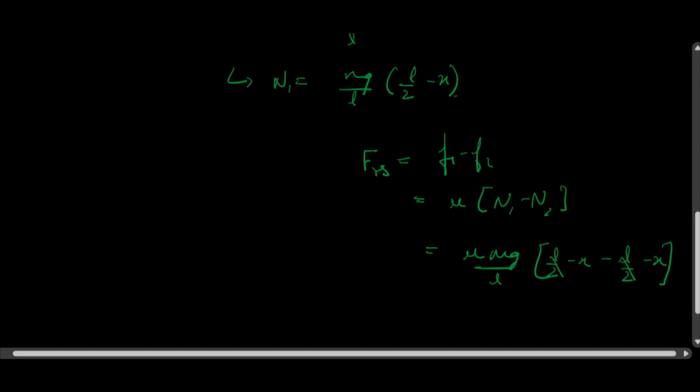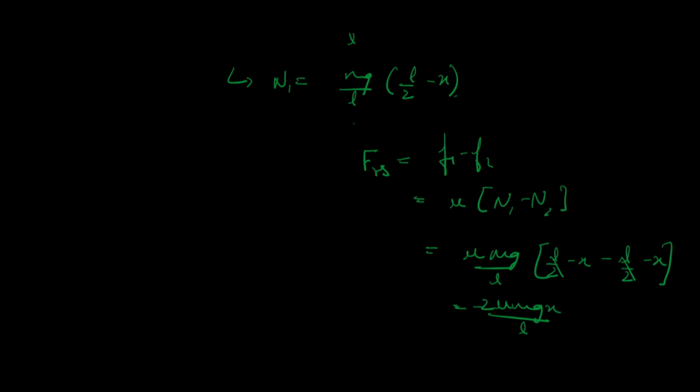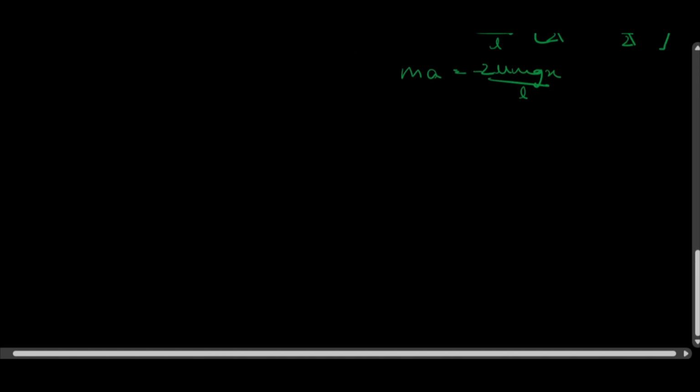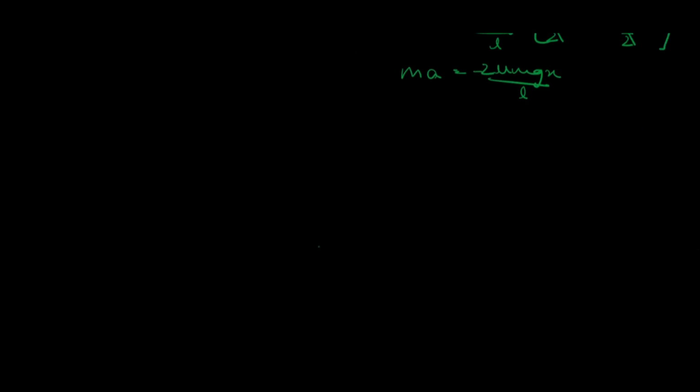It is clear that L by 2 and L by 2 cancel away, and minus 2 mu mg x by L is the relation we were working out for. So we have ma as this quantity, and m cancels out, so we have a as minus 2 mu g x by L.